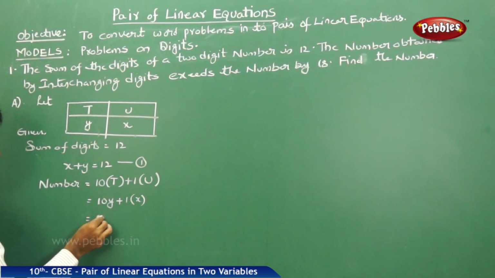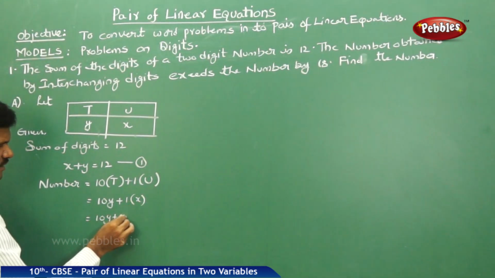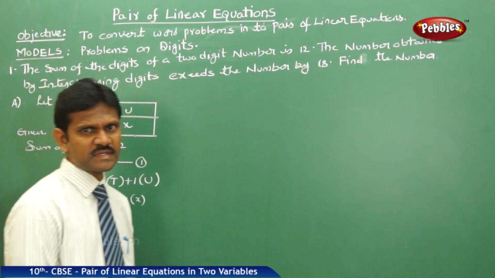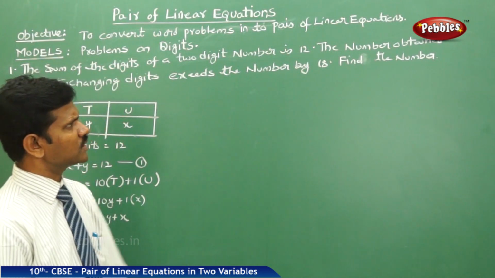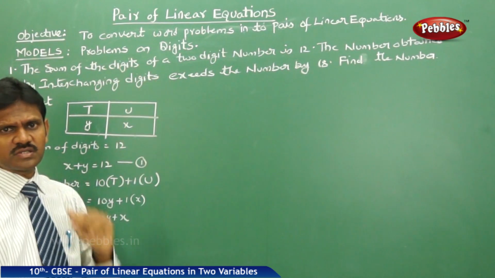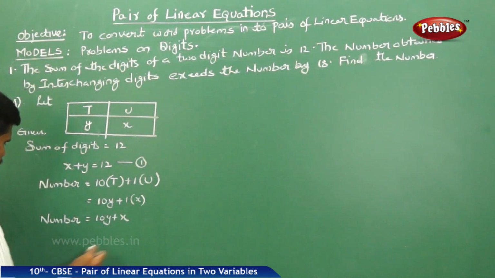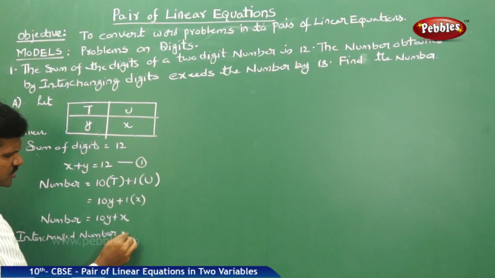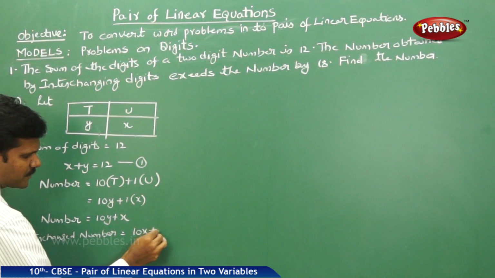That is 10y plus x, your number. After that, what I want is the number obtained by interchanging the digits. The interchanged number is 10x plus y.